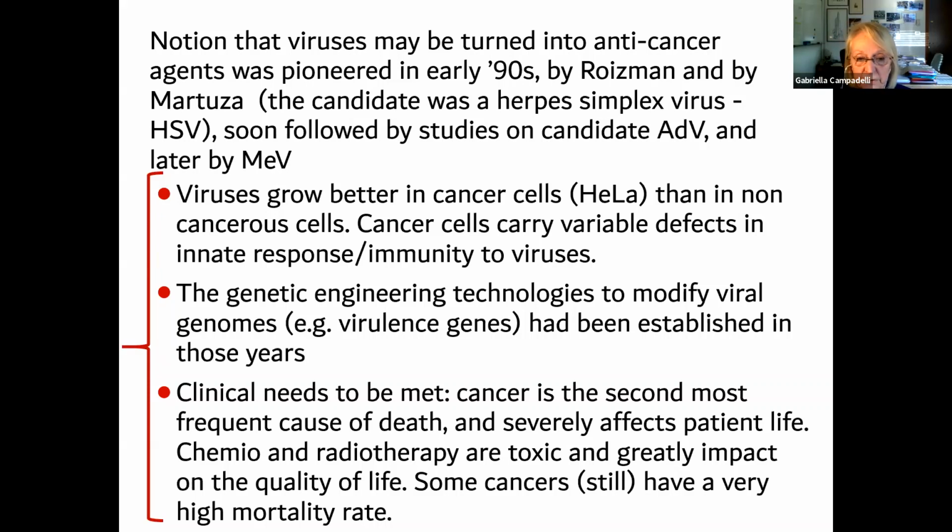Chemo and radiotherapy are toxic and greatly impact the quality of life of the patients. And there are some cancers with a very high mortality rate. They are almost death sentences. And these are the metastatic cancers, glioblastoma, cancer of the pancreas. There are cancers which have not improved in recent years.